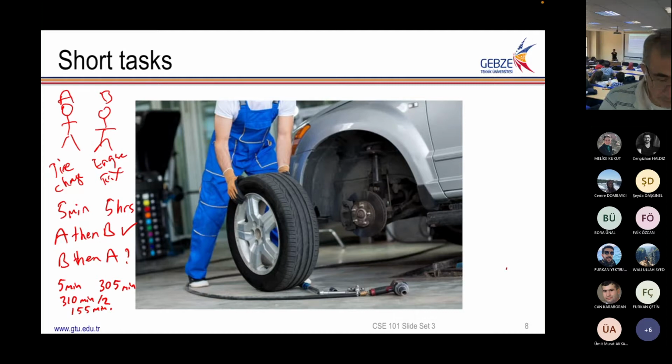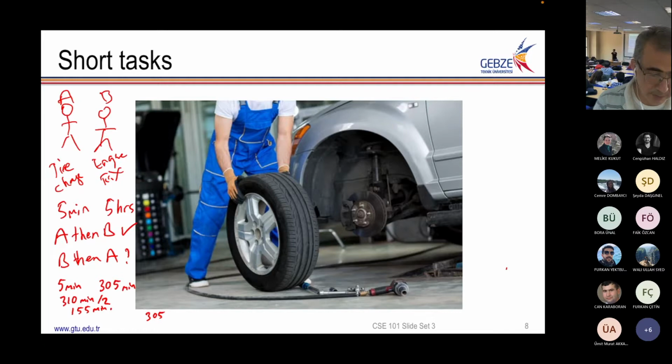But if you execute, B comes a little bit before A. So if you say first come, first serve, you take the number and wait for your number. I don't care. And the first customer will be waiting for 305 minutes.